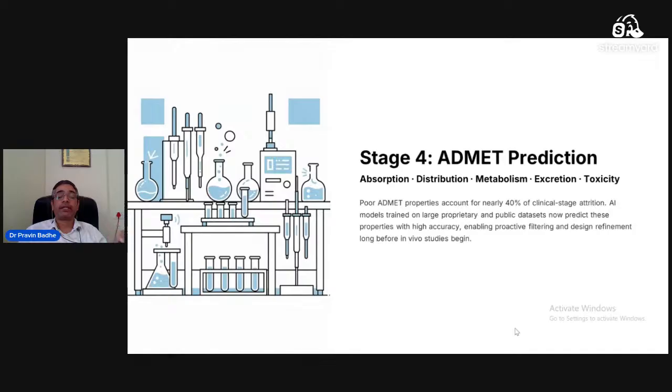Now, the fourth stage is the ADMET properties, where absorption, distribution, metabolism, and excretion are the major part, but the toxicity studies play a very important role, and a lot of candidates which have been studied in vitro also have already got data for toxicity at the initial stage, but still these ADMET properties play a very important role in reducing the leads or reducing the drugs from the clinical trial, because they are still playing an important role to find highly accurate and proactive leads which can be useful in the clinical study.